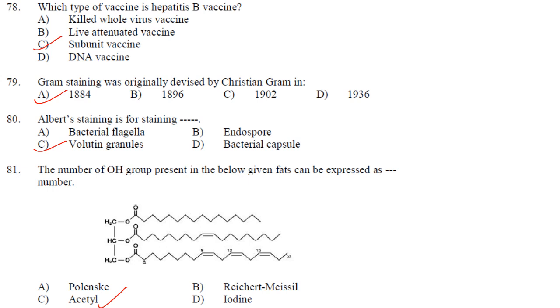Then acetyl number is a measure of the free OH groups in the substance determined by acetylation, and iodine number is used to determine the degree of unsaturation in fats, oils and waxes. So the answer here is option C, that is acetyl, because it is a measure of the free OH group in the substance determined by acetylation.